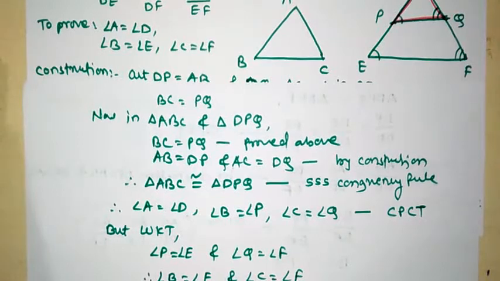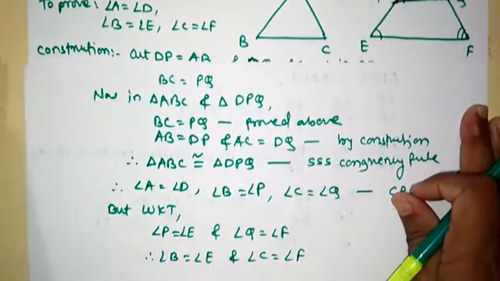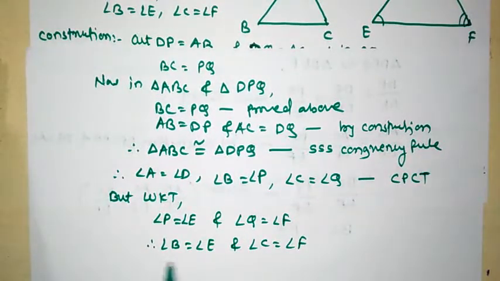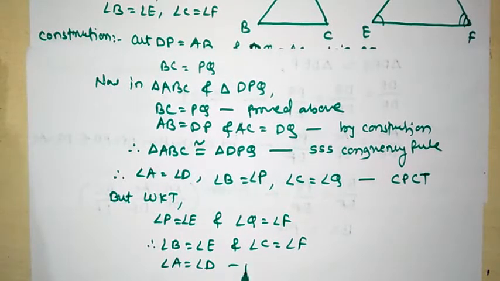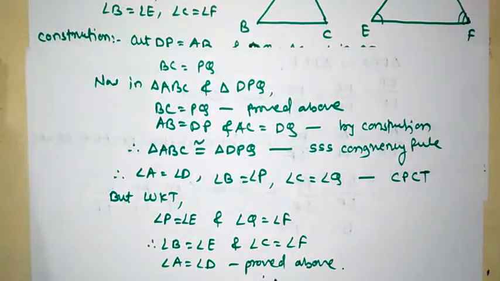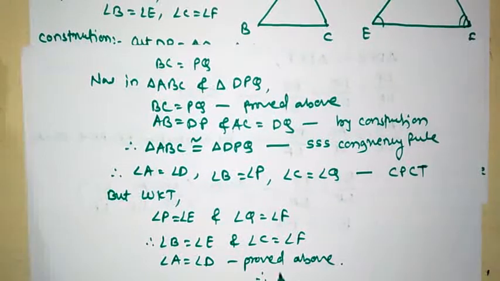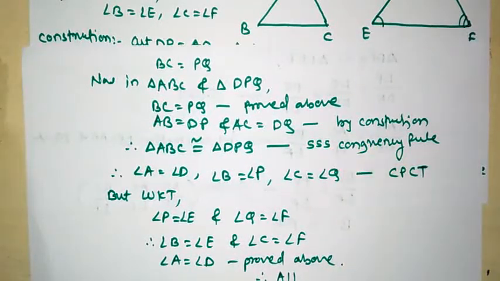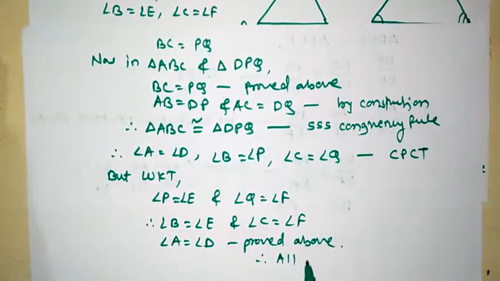Therefore, we got these two things here. And angle A = angle D, which is proved above. Therefore, we got all the corresponding angles are equal.